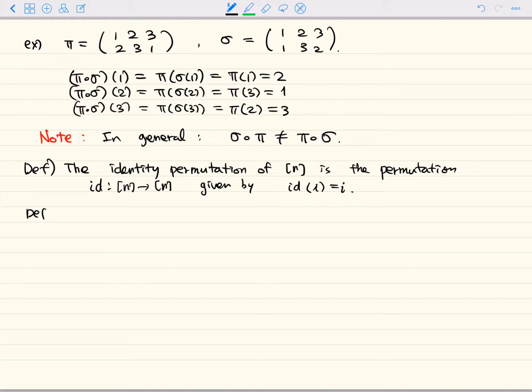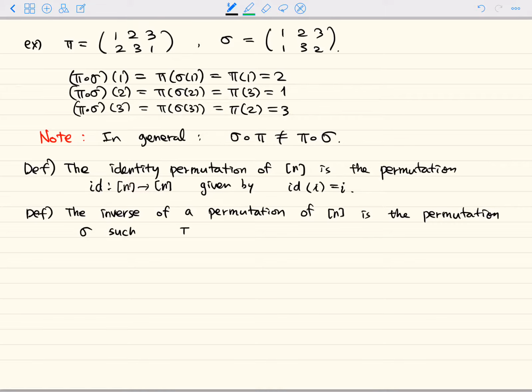And now we can define the inverse of the function or permutation. The inverse of a permutation pi of [n] is the permutation sigma such that if you compose sigma with pi in both ways, they are equal to the identity permutation.